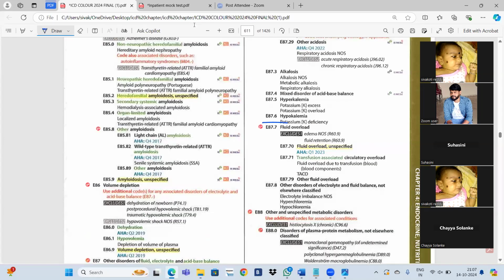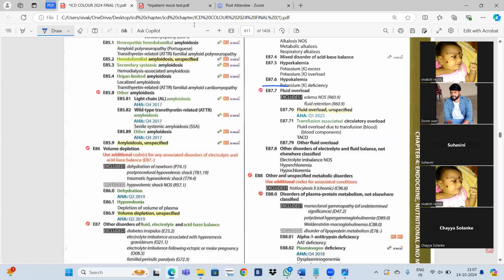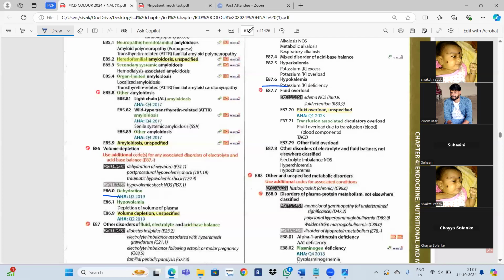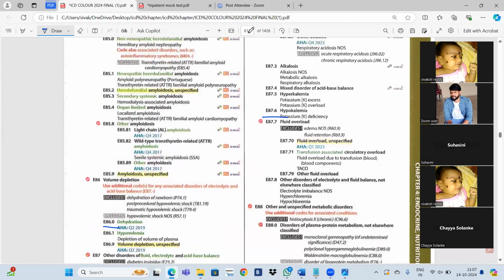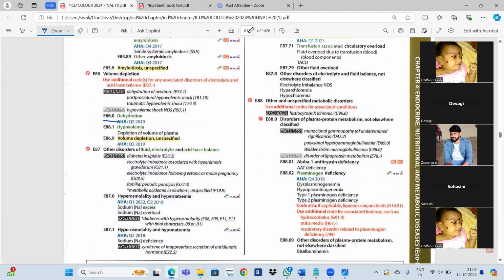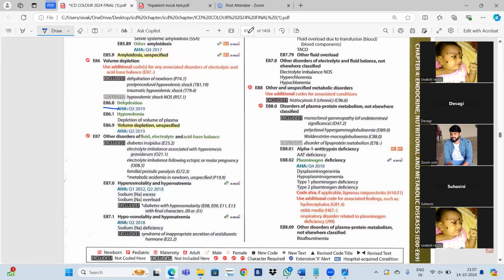No CC, nothing. Next, dehydration, E86.0, right? Nothing. Then hypernatremia, E87.0. This is a CC.